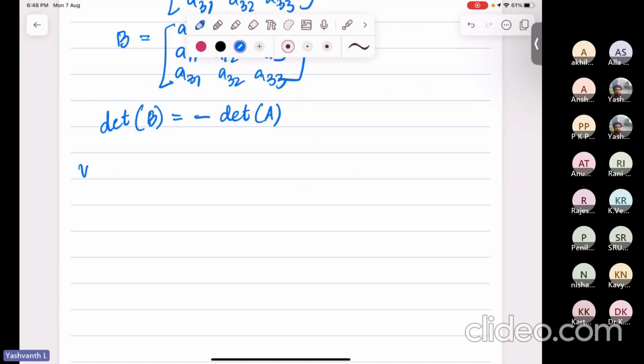Next is the final property for this particular class.